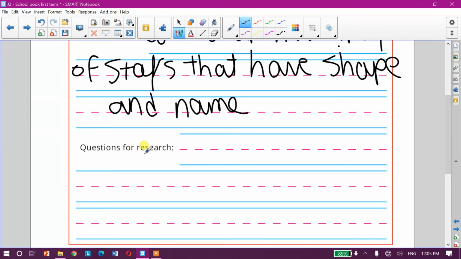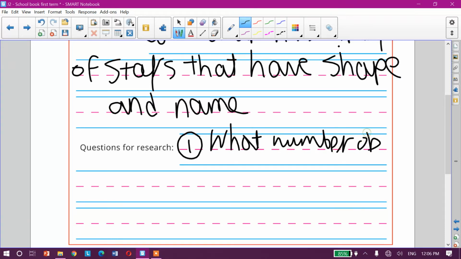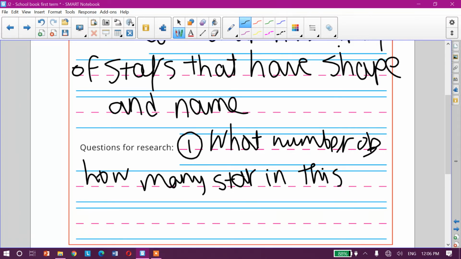Questions for research. Okay, number one, what are your questions? We can ask: how many stars are in this constellation?